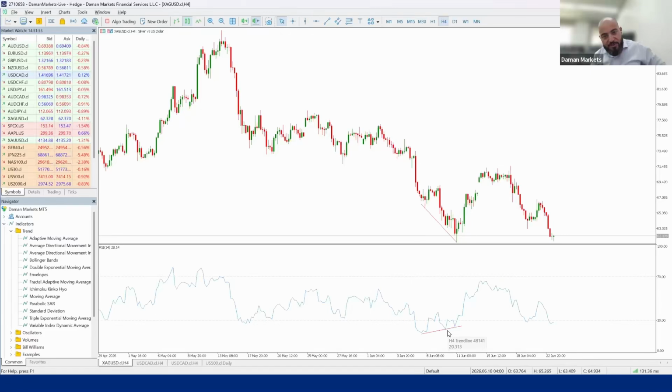Now, classic divergences are used to determine reversals against the trend. They help the trader in picking bottoms and tops. Everyone wants to buy at the lowest point. Everyone wants to sell at the highest point.